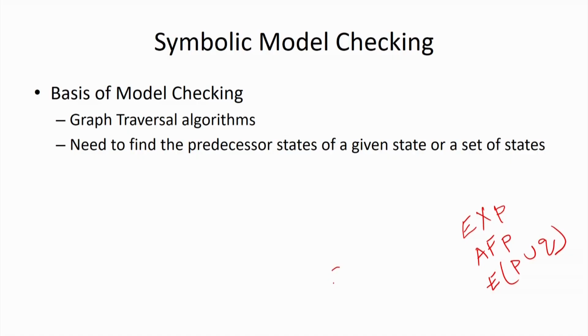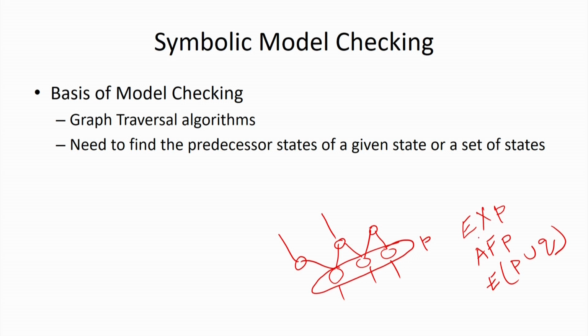In my transition system, if in a particular state p is true, then there exists a path where in the next state p is true, and we have to find the predecessors of those states. This is the basic notion: find the predecessor of a given state or a given set of states.